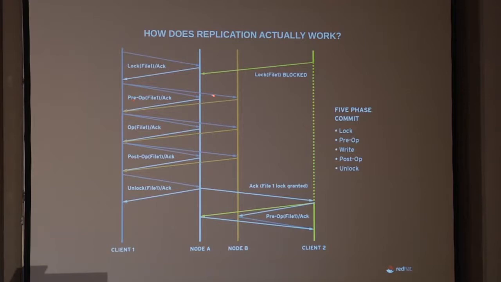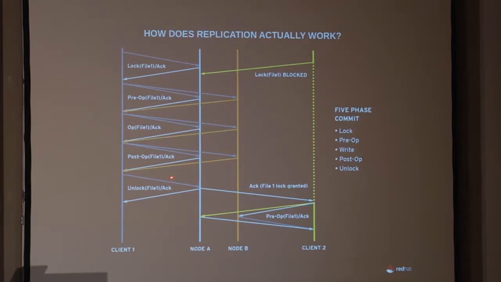Once pre-op is done on all servers, the actual file operation takes place. We don't hold a lock for reading; this is only for modifications. The actual modification takes place on both node A and node B, and then we erase the changelog or update the state of the transaction, which essentially means it's been successful, or it's failed in node A or node B and it needs an update.